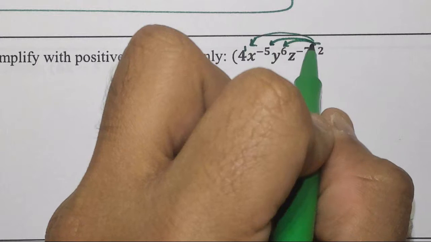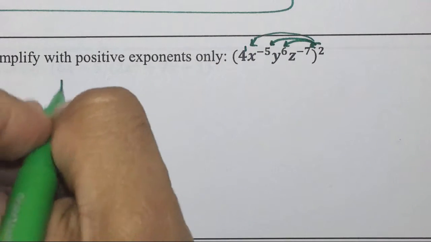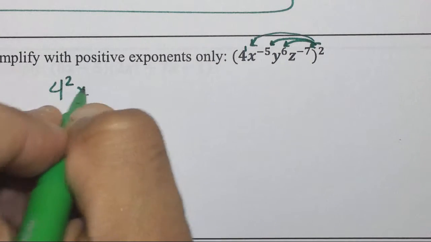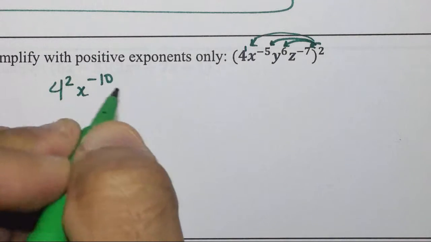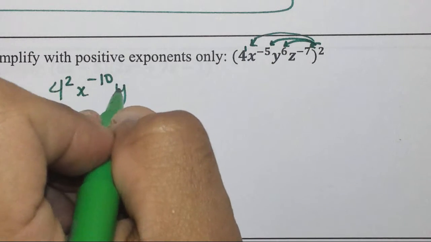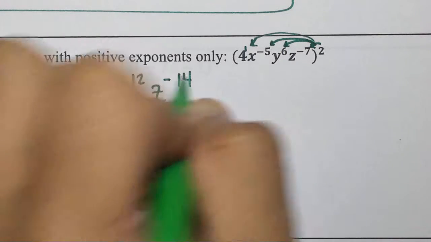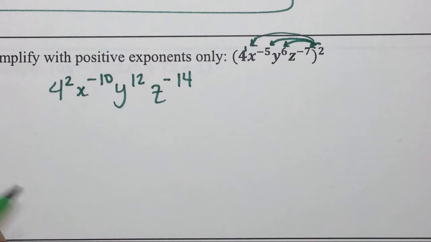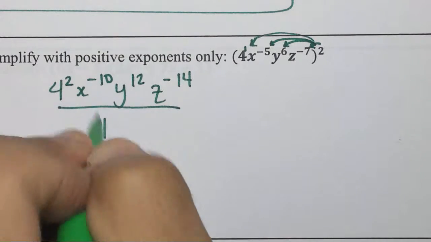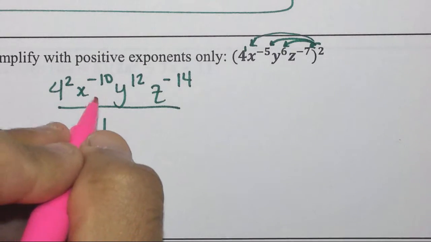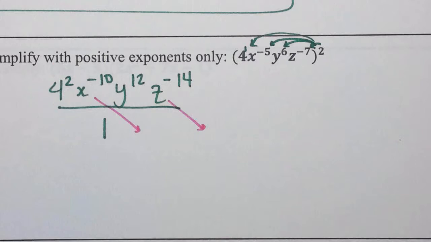Here, here, and there. So we really have 4 squared, x to the negative 10th, you multiply, y to the 12th, and z to the negative 14. The only thing that you're going to move here in this situation, the x and the z.